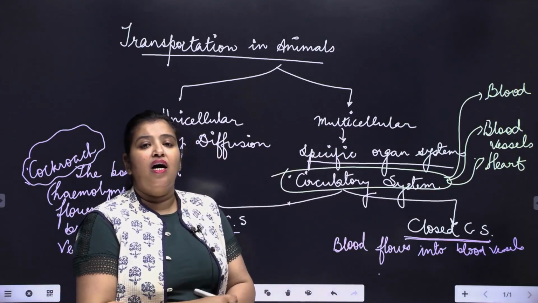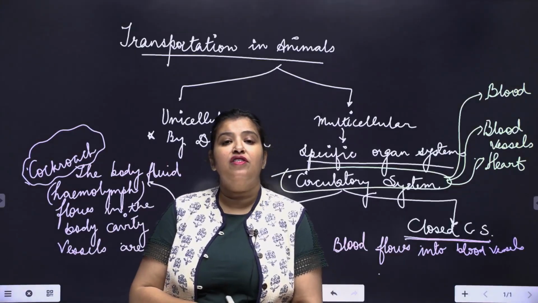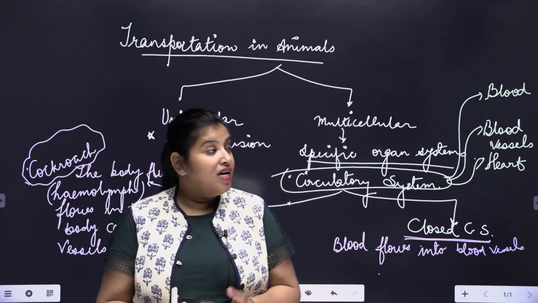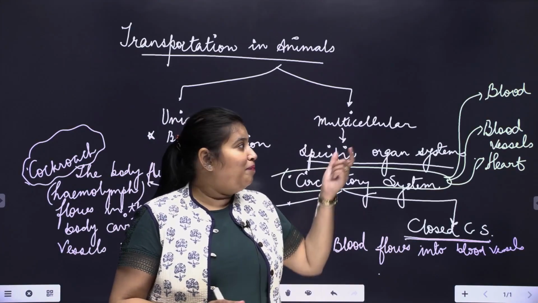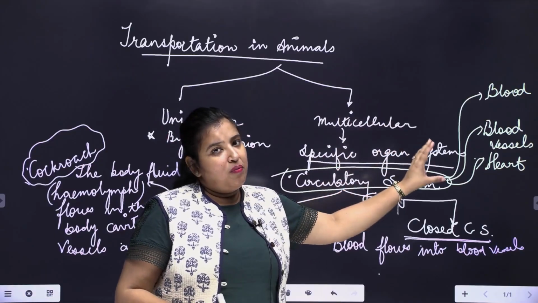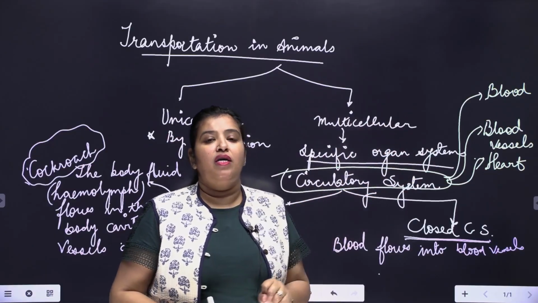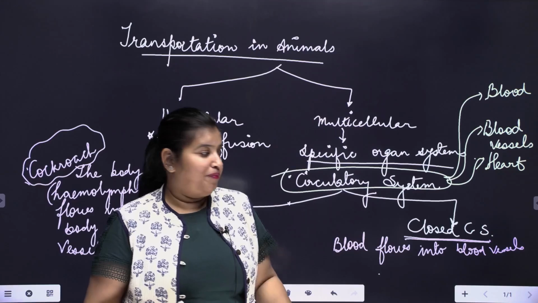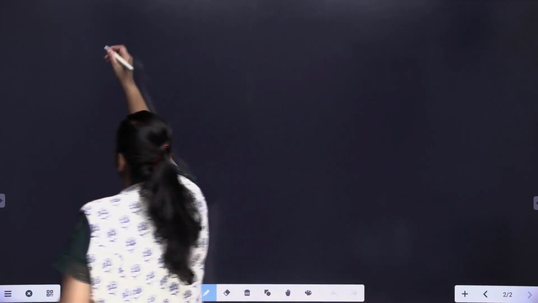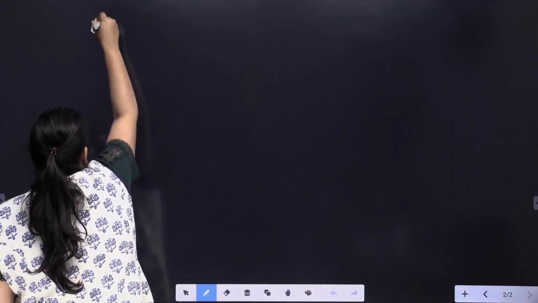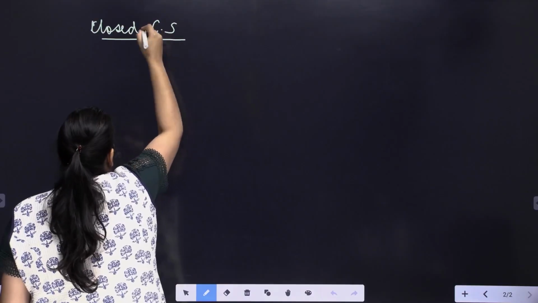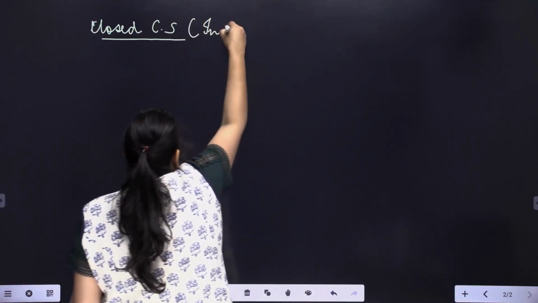Blood as a fluid connective tissue, you must have studied in grade 9, the chapter tissues. Still, I'll take this topic up one by one. First, we'll discuss what is blood and what are its functions. Then we'll talk about different blood vessels. And then we'll talk about the heart, the pumping organ. So let's proceed to our first part, because we will be talking about the closed circulatory system, and that too in humans.